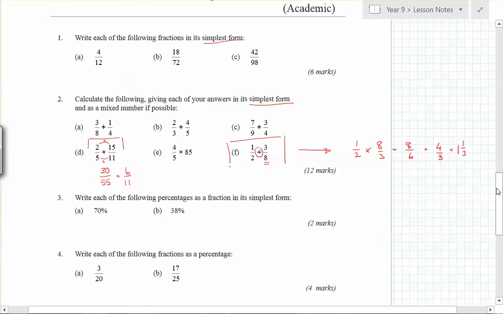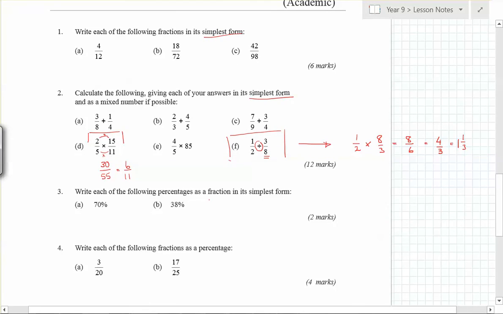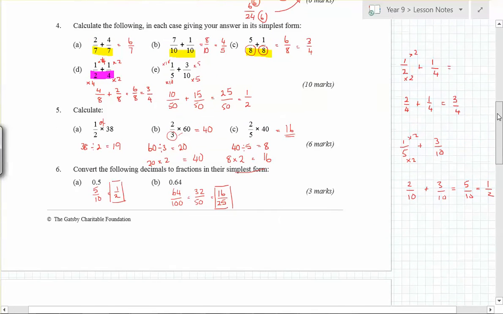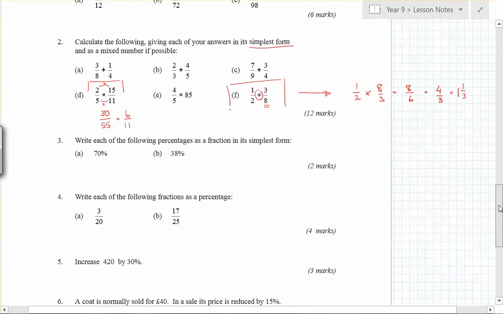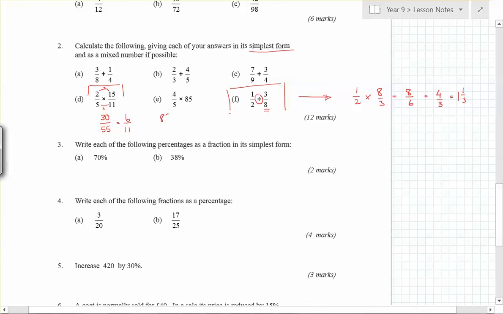And then for the other one of 4 over 5, don't you do the same sort of thing? No, that was what we did with the other one. Do you know how to do it now? So you would do 85 divided by 5, equals what?